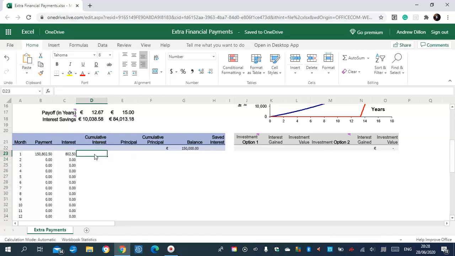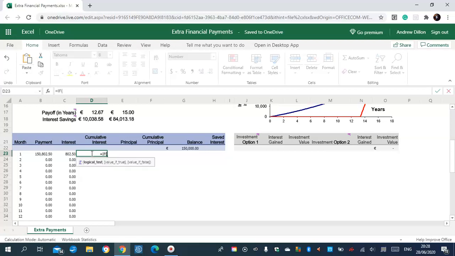Now let's calculate the cumulative interest, which is an if statement.